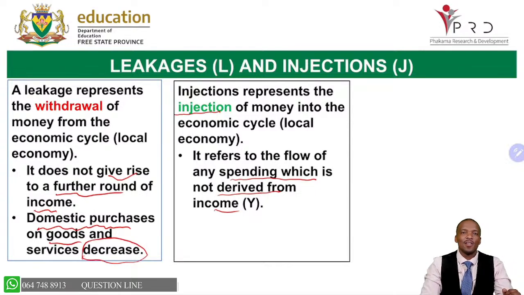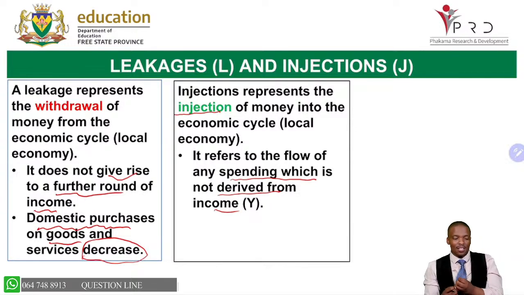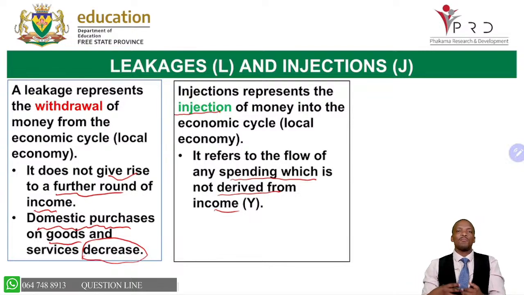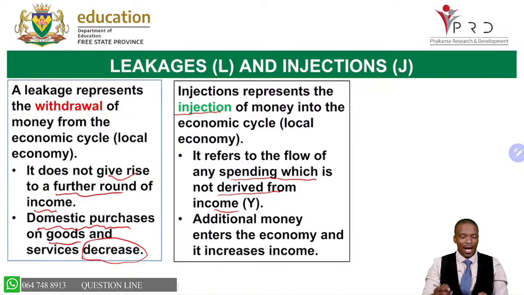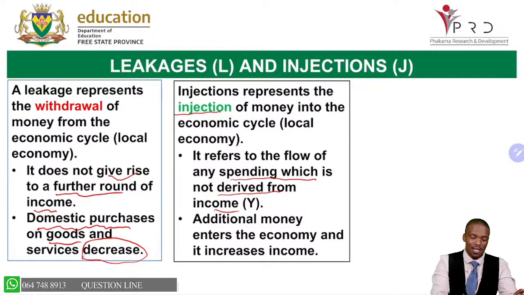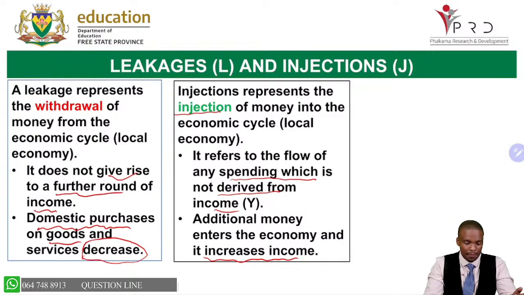Decline. So here we see a decrease or the withdrawal of money from the economy, which does not give rise to a further income. And because money goes out of the economy, by default, the purchases of goods and services locally or domestically decline. While on the other side, an injection is the money that enters the economy and it increases the what? The income in the economy.